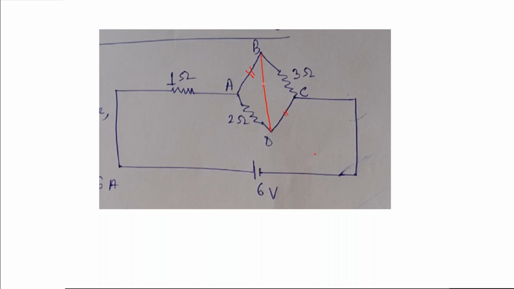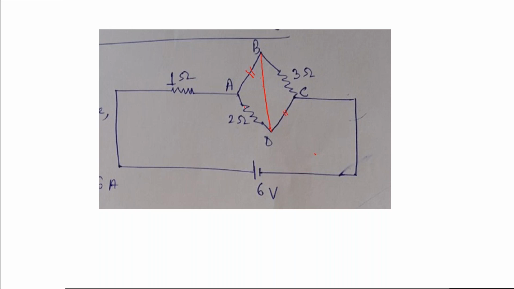This is also simply a conducting wire, and instead of a galvanometer, simply these B and D points are connected by a wire. There are 4 options in this question, and there may be multiple answers. What is the correct option?